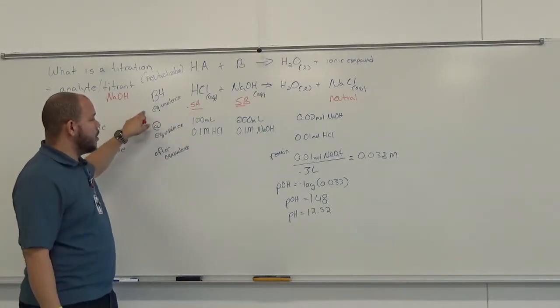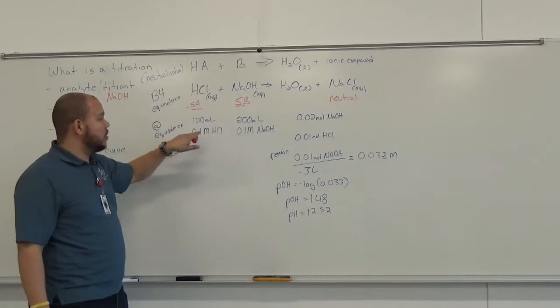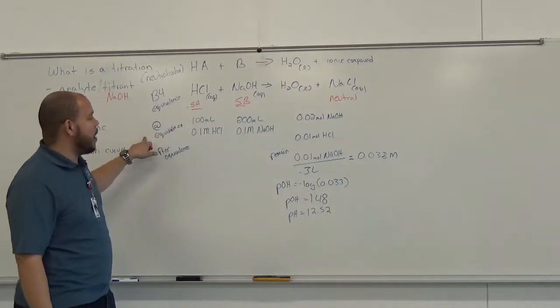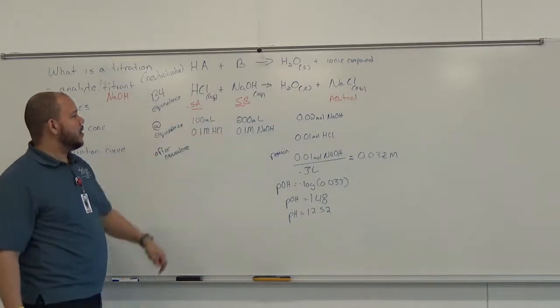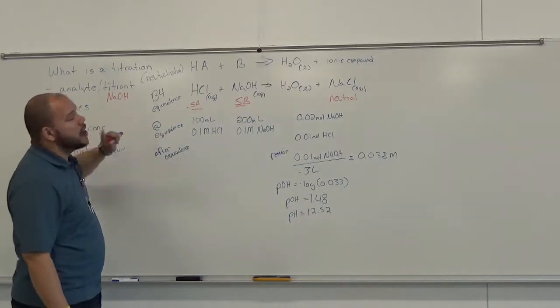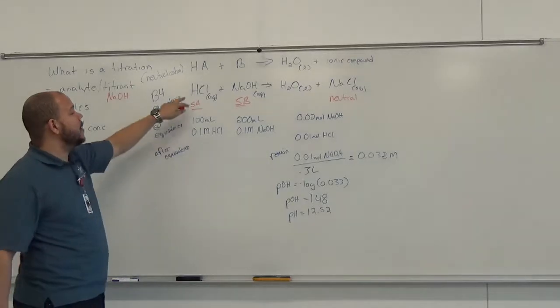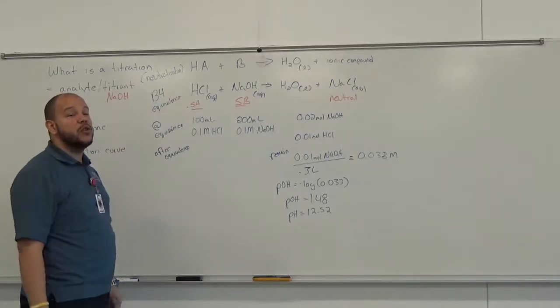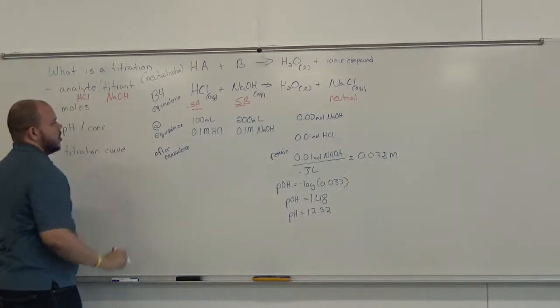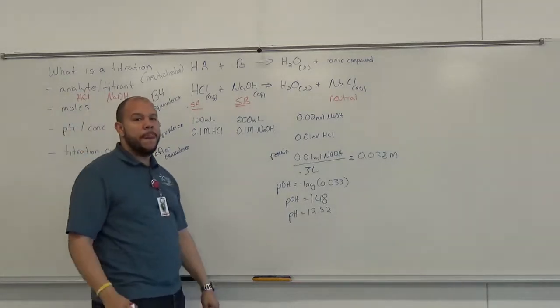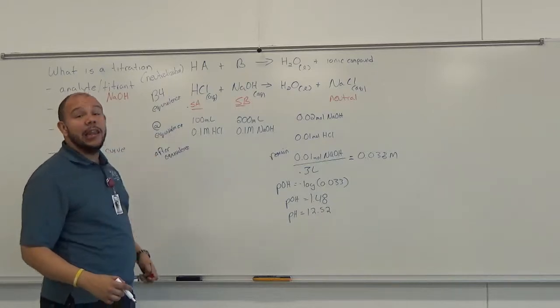So we have a before equivalence. At equivalence, we had the exact same amount. And after equivalence, we had excess of our titrant. Therefore, what were we analyzing? What were we putting our solution into was HCl. So our analyte in this situation is HCl. Okay?